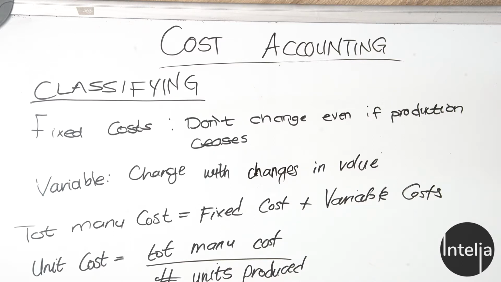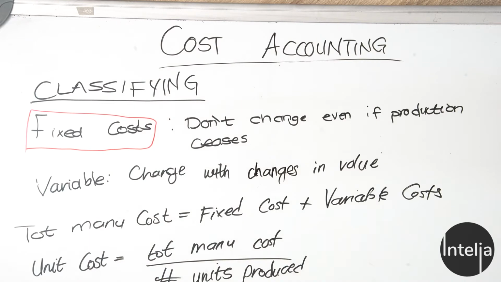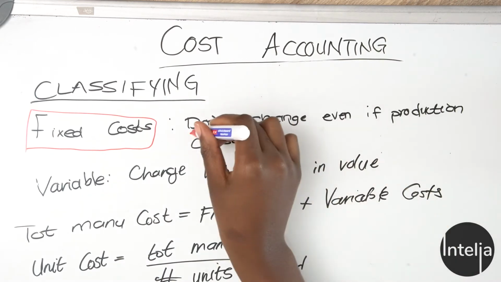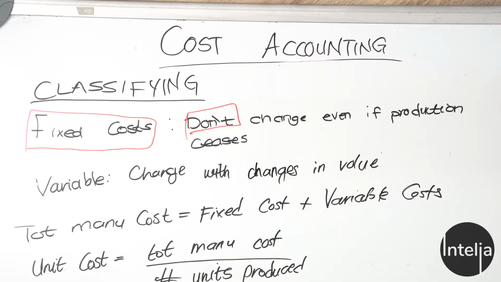It is unchanging, it is constant. That is what we record as our fixed costs. So our fixed costs are those that don't change, even if production ceases. Even if we were not to make any product, we still have to pay this rent.